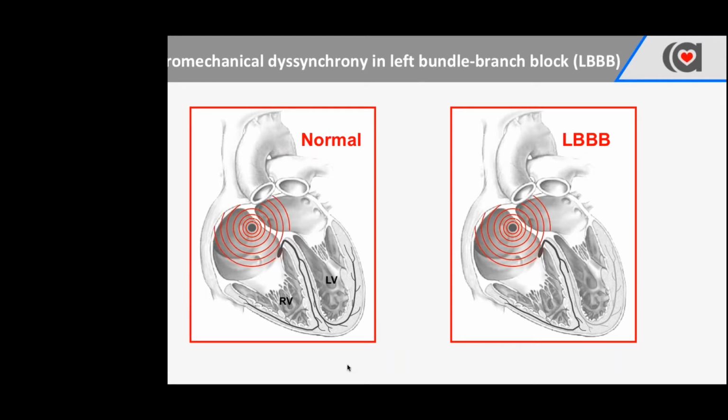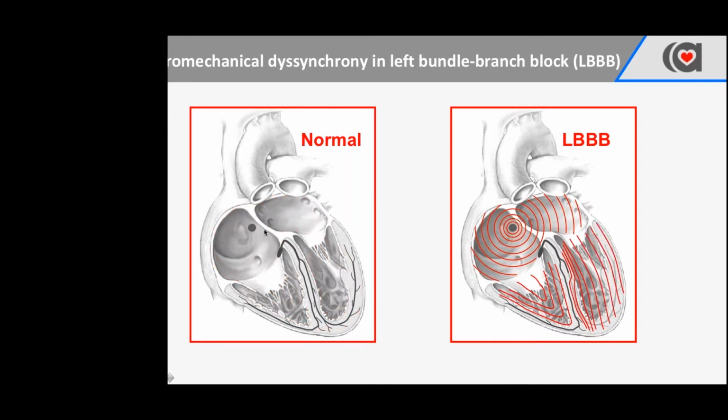Now, how has this been used? I will show you here an example of a heart on the left side, which has normal electrical conduction. That means that the origin of the activation is in the sinoatrial node.